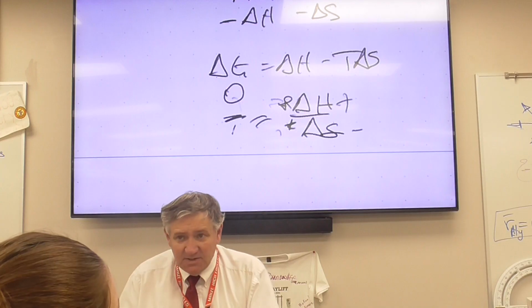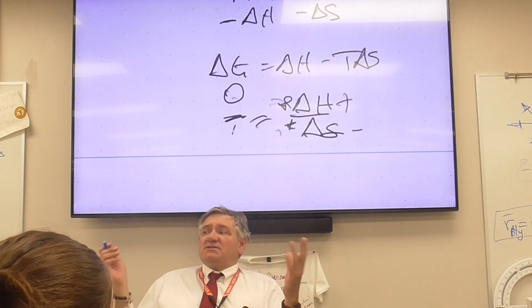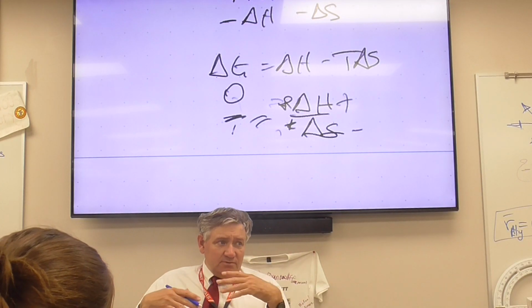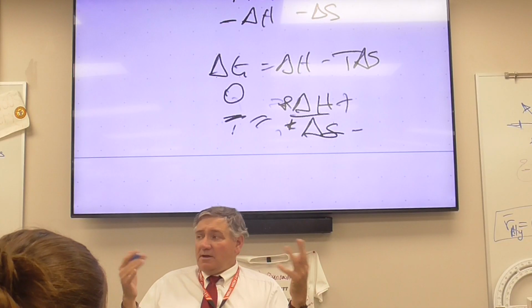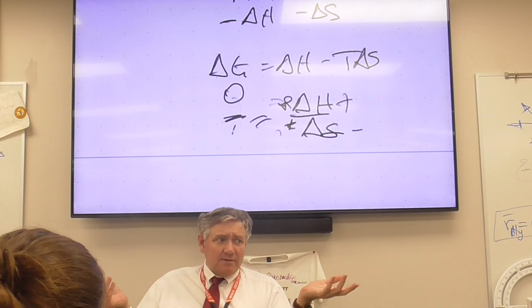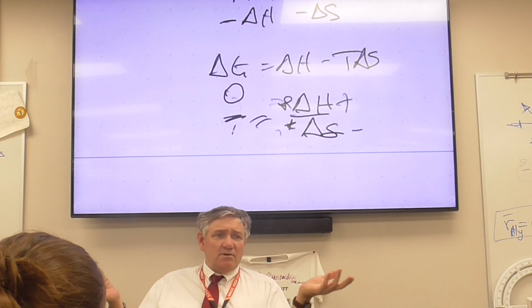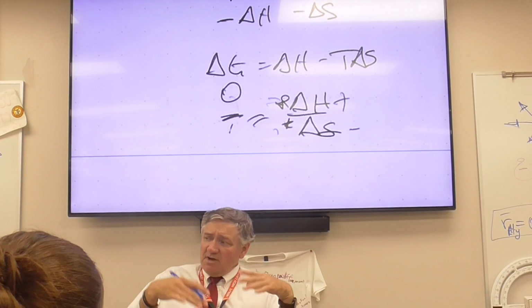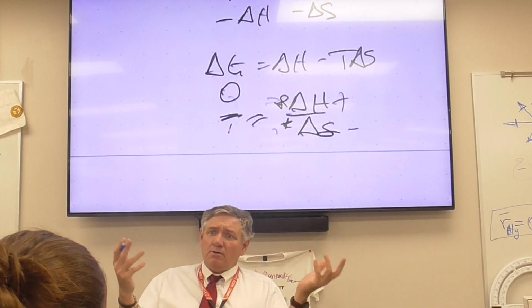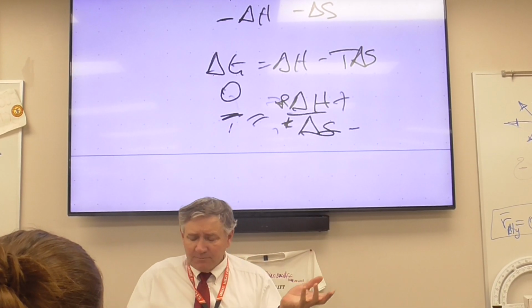Which direction is the energy going to flow, into it or out of it? Into it. Great, because you're talking about melting a substance. You have a positive delta H because you have to put energy into the system. Cool, makes sense.